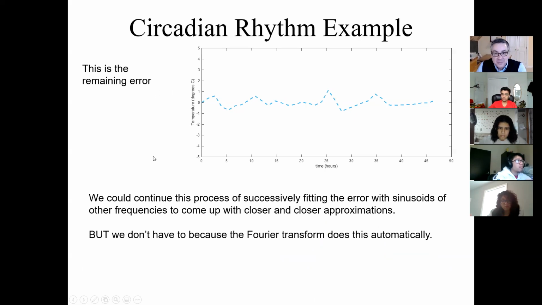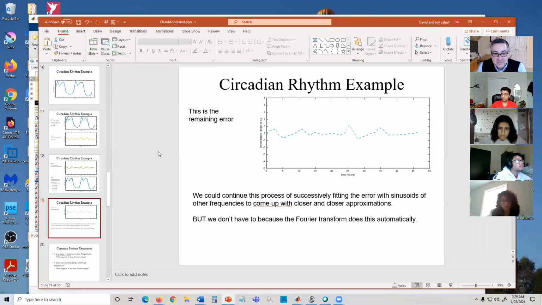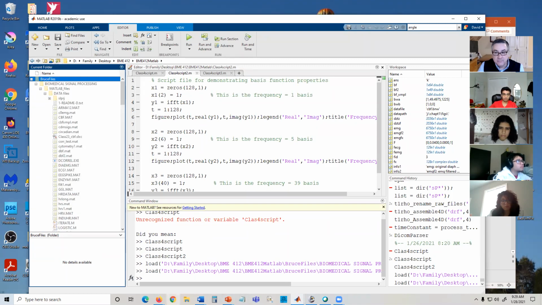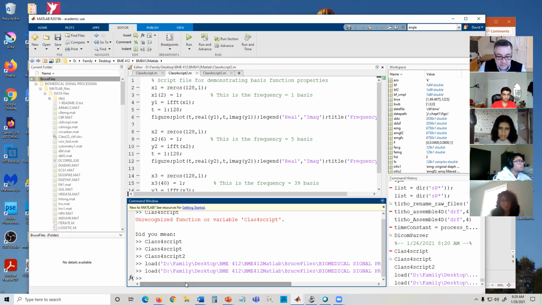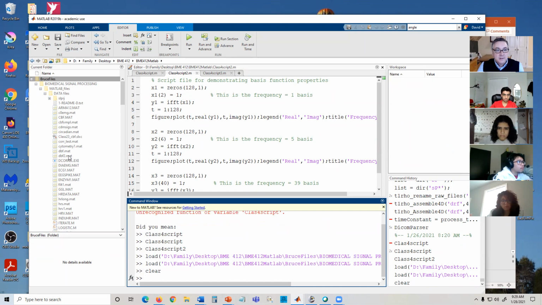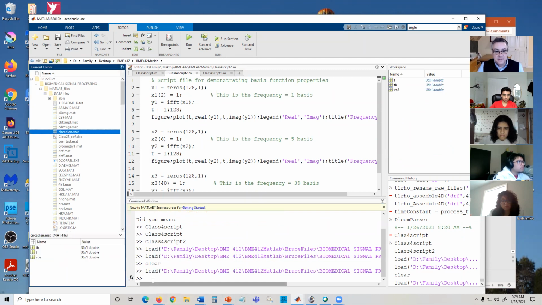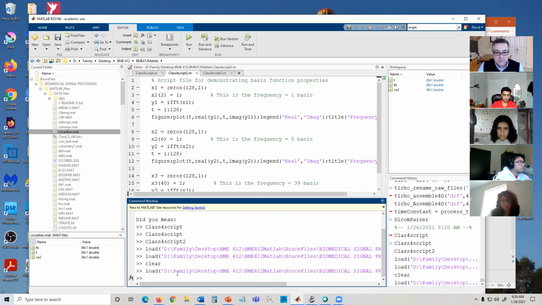And so we can take that whole idea into MATLAB. Actually, let me clear and then get the circadian data.